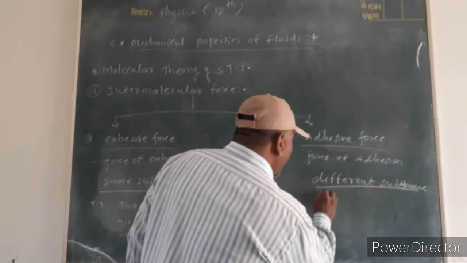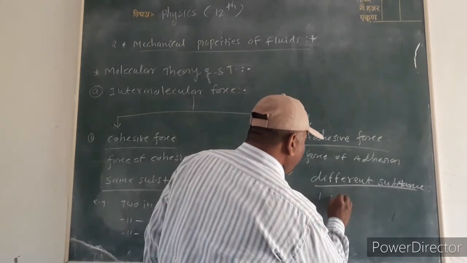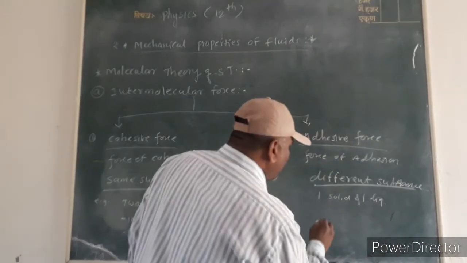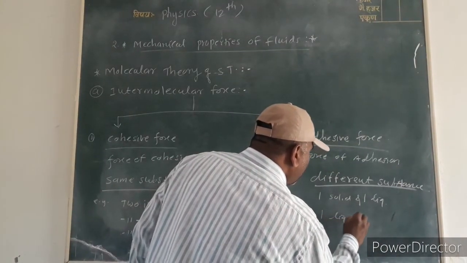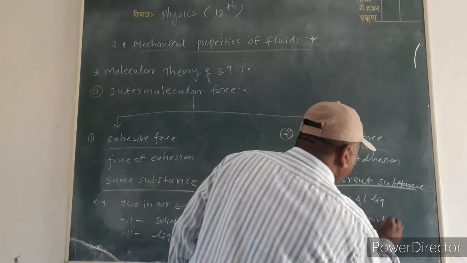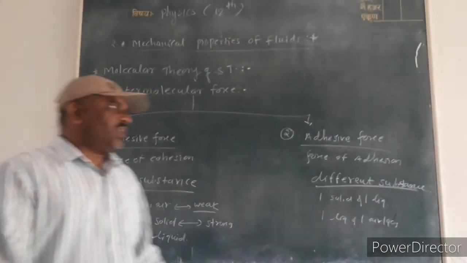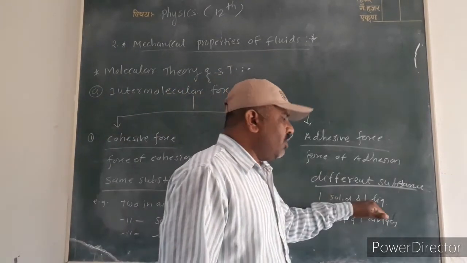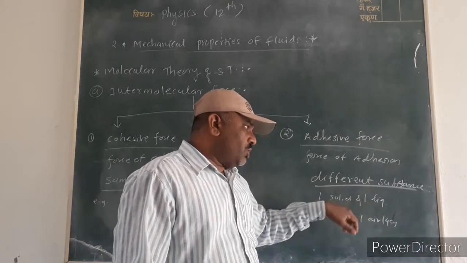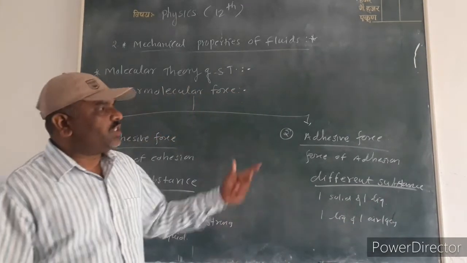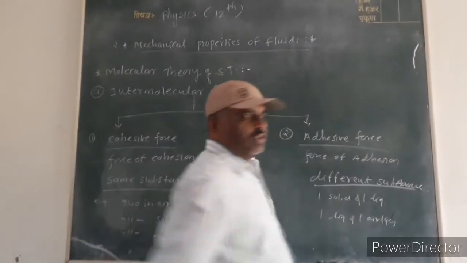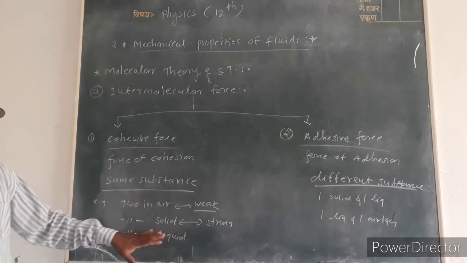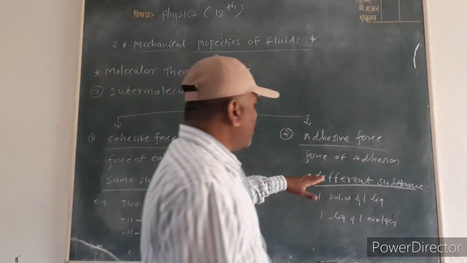For example, one molecule in solid and one molecule in liquid. Similarly, one molecule in liquid and one molecule in air or gas. Such a molecule, one in solid and one in liquid, and the force of attraction between them is called adhesive force.